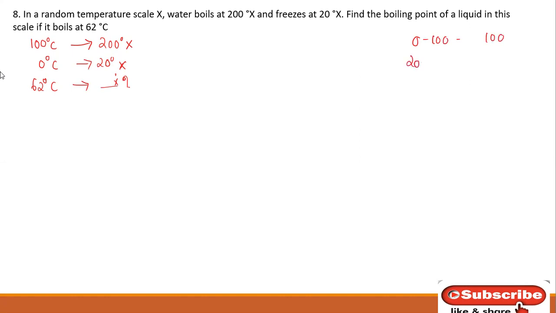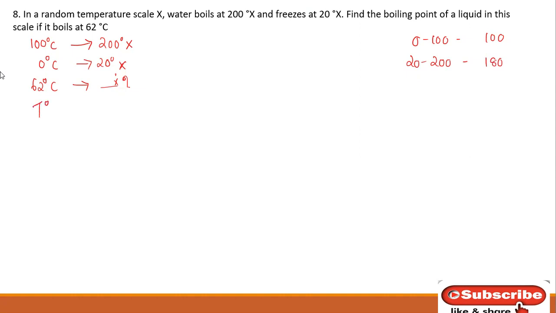And in 20 to 200 division scale, that is X degree scale, number of divisions between 20 to 200 is 180. 200 minus 20, that is 180 divisions are there. Now, here 62 degrees Celsius should be corresponding to what value in X degree scale that we want to find out.